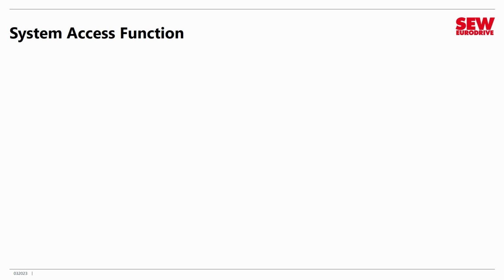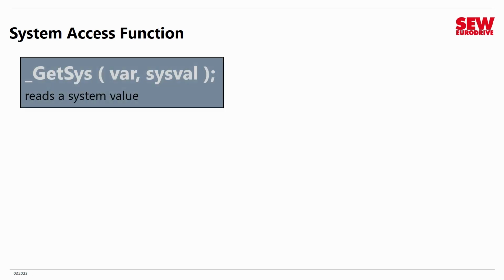I'm going to show you another function in the library of IPOS function calls. This is called the system access function. It allows you to access certain pieces of information available within the VFD. The function is called getSys, and it reads a system value and deposits it in var.